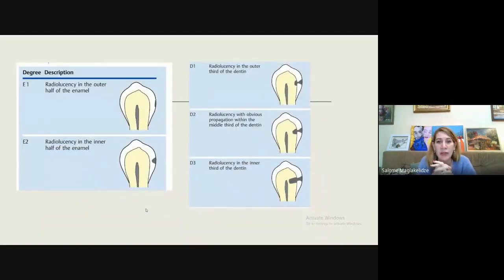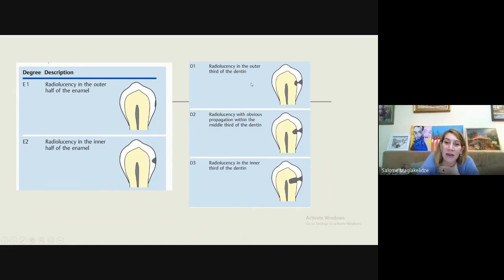We have also on X-ray the classification scale, where we could say if we have only radiolucency in the outer half of the enamel, like on this picture here, this is grade E1. If we have radiolucency in the inner half of the enamel, like here, but not until the dentine, it's E2, like enamel 2.